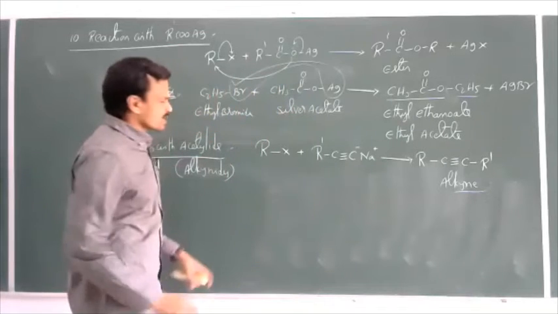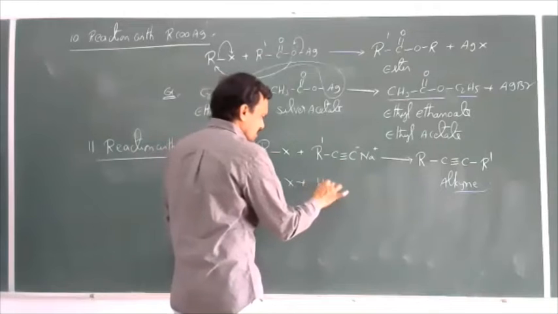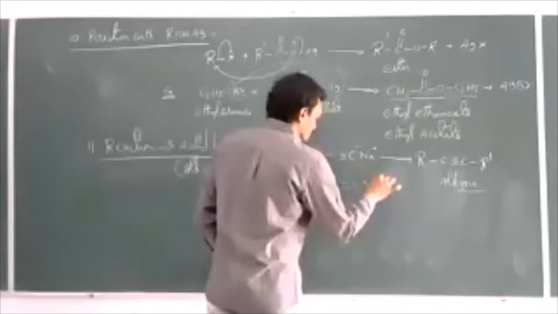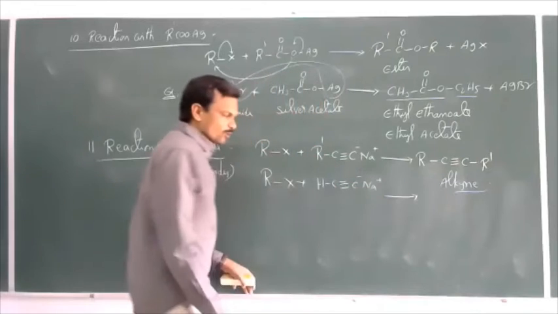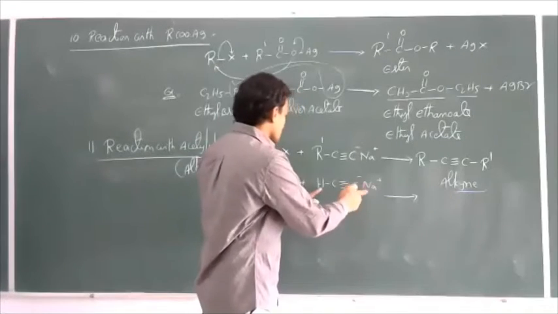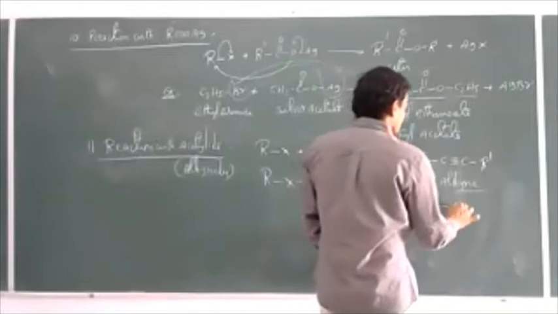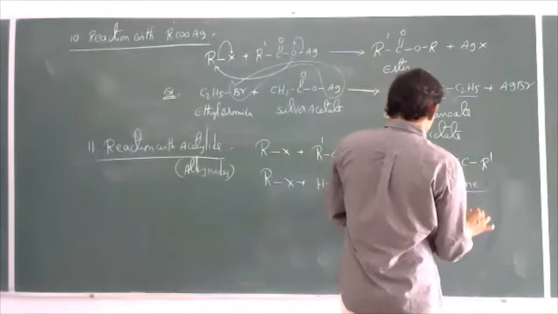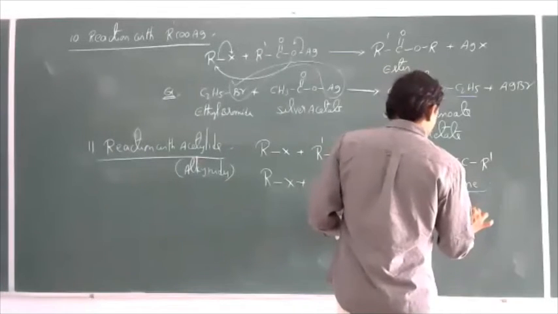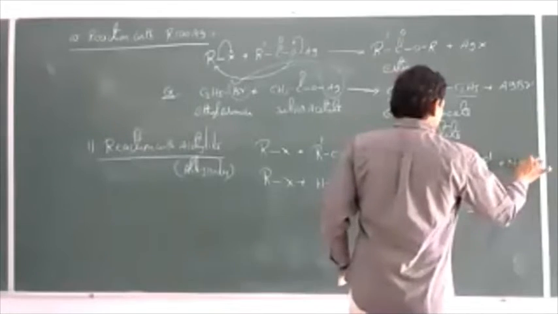Suppose in the same reaction, if you use the acetylide RX plus HC triple bond CNa, nothing but this is a sodium acetylide, monosodium acetylide. When this monosodium acetylide is allowed to react with haloalkane, then we can get HC triple bond CR plus NaX formed as the byproduct.